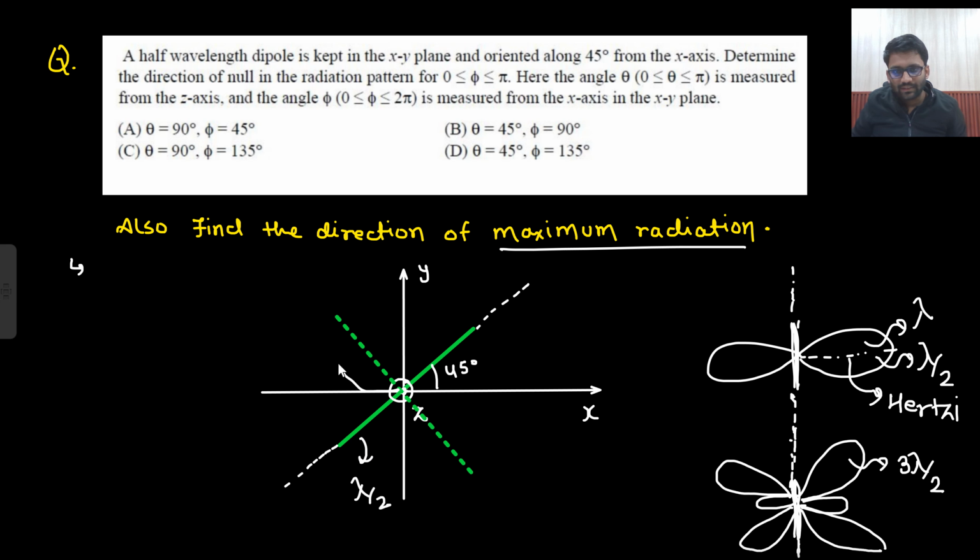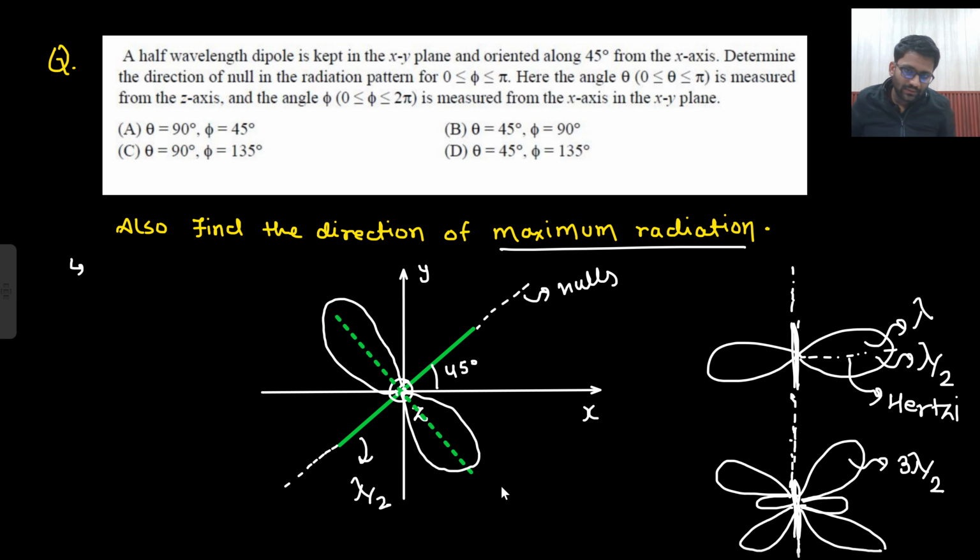So basically this kind of pattern I will get. This will be the location of nulls, and this will be the location of maximum radiation.